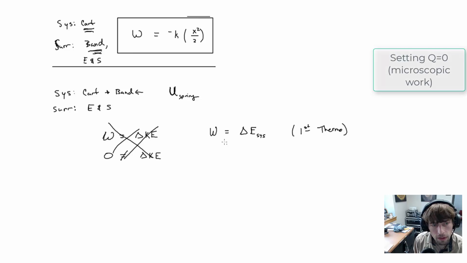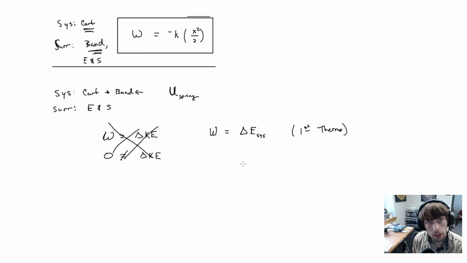And if we do this, then we're good, because since we now have included the band in my system, we have a second form of energy that we need to account for. Namely, we have our change in kinetic energy plus the change in the potential energy. And that entire thing should be equal to the work of the system.